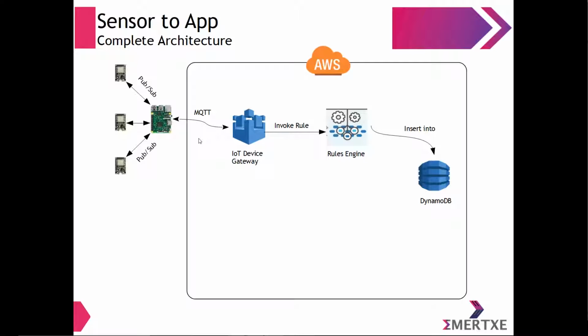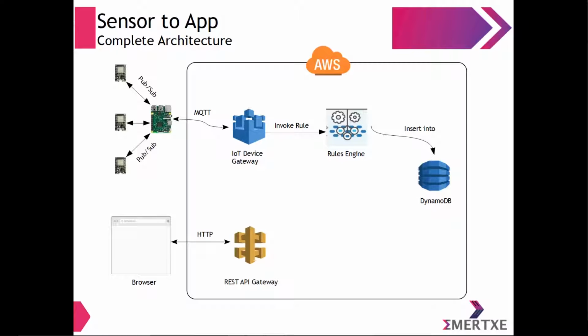Let's have a look at the flow, how a web-based application will be able to retrieve the data stored inside the DynamoDB database. To start off with, we need to develop a web-based application which will run inside a standard web browser. This application needs to display the device parameters which are available inside the DynamoDB database. To enable this browser application to access the device data, we need to implement a web service.